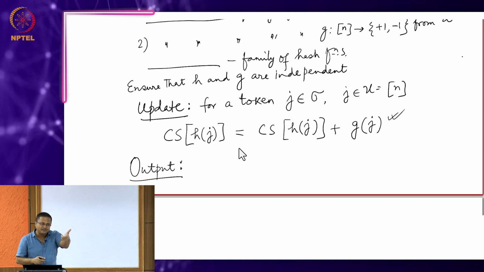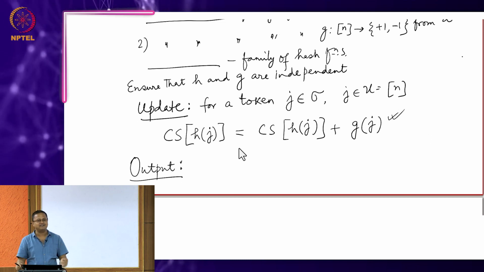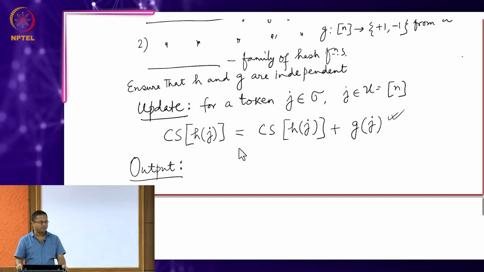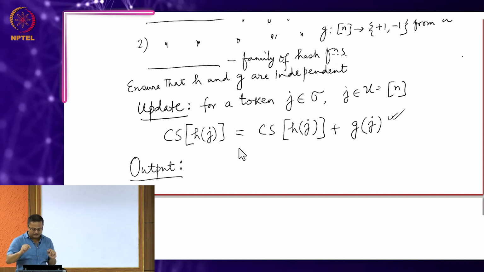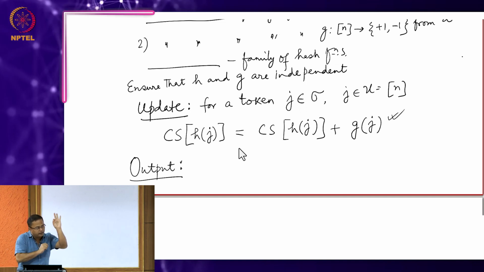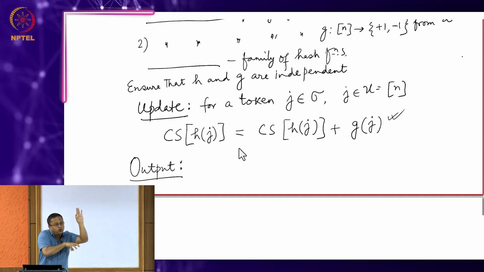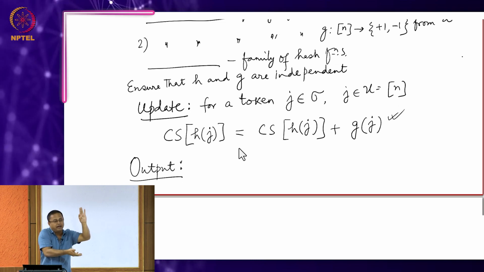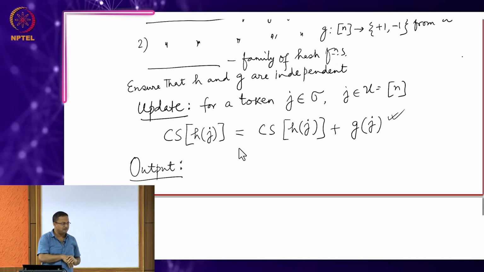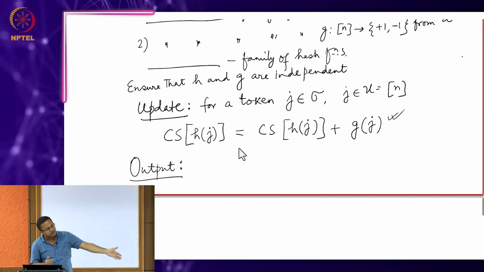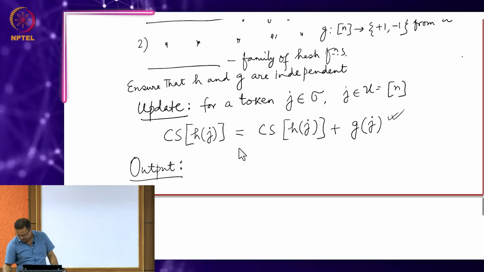I have to also make it go through a multiplication with this g of a, right. Why? Now, think of this. I am not looking at a particular token. So, this g of a is equal to say minus 1. Now, if on the output side I multiply it with g of a again, then these two minus 1s should make it a plus 1. And if this was anyway plus 1, then that would also be plus 1, and then you would be doing fine. So, that is the idea.